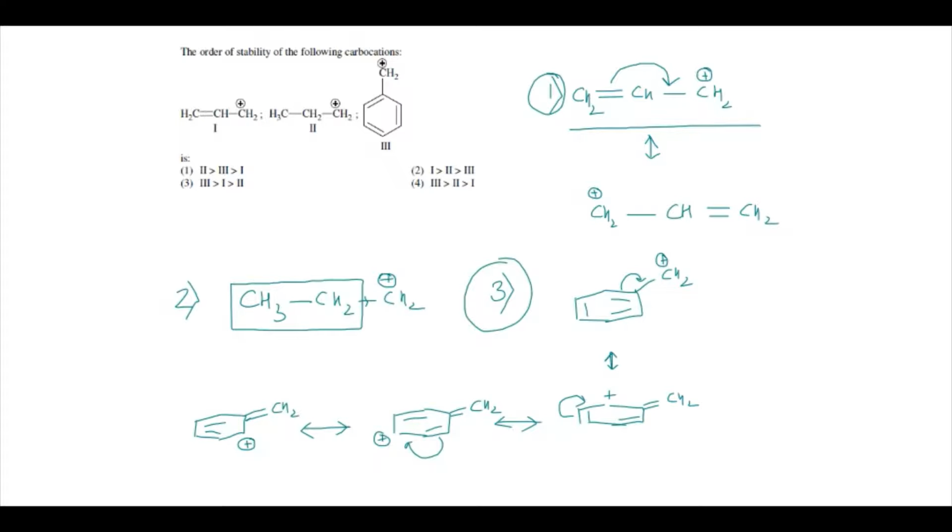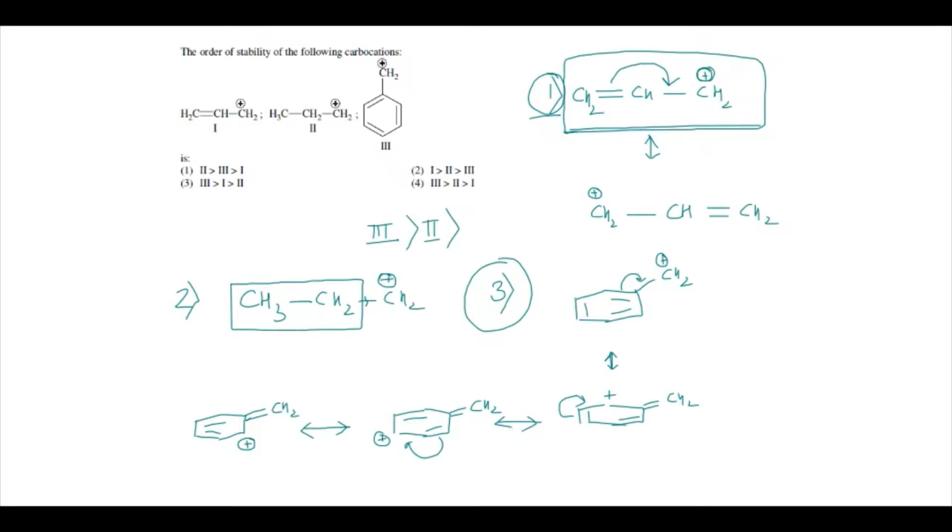So we can say that 3 will be the most stable primary carbocation, and then this system where we have 1 pi bond present, which can effectively share the positive charge, but not as effectively as the aromatic system. So we will keep 2 in second position.